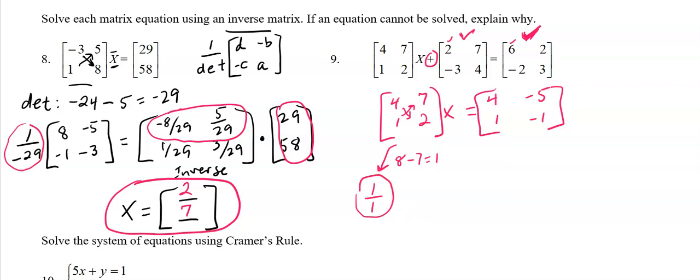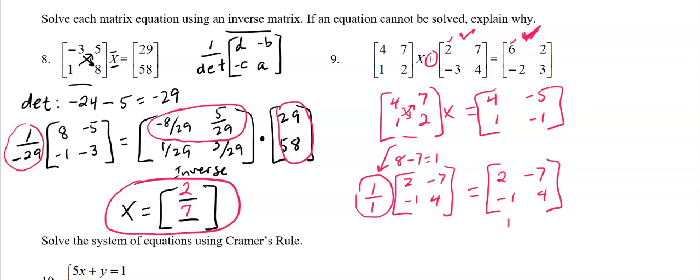And 1 is going to be multiplied by, remember, we have to change up this original matrix. So 2 and 4 are going to switch places, and the other two elements don't move, they just change signs. Multiplying by 1 means that's going to be the inverse. Okay, inverse.